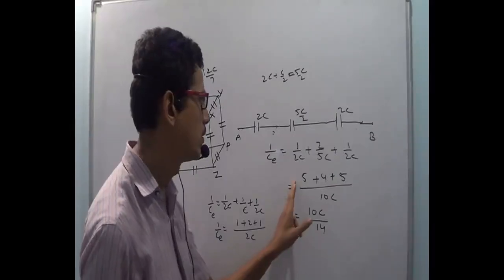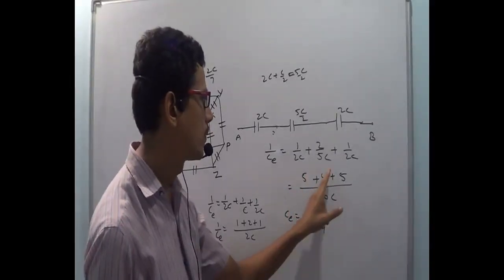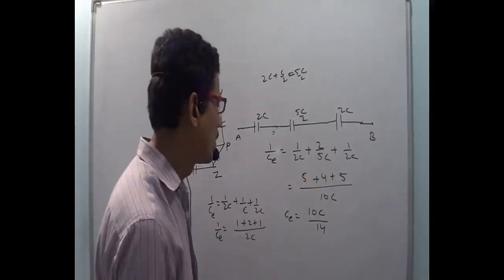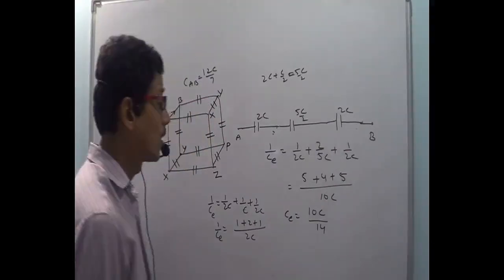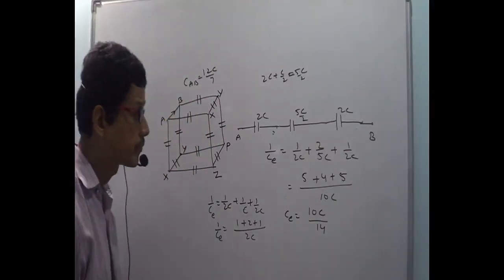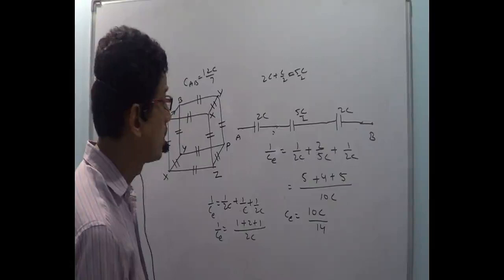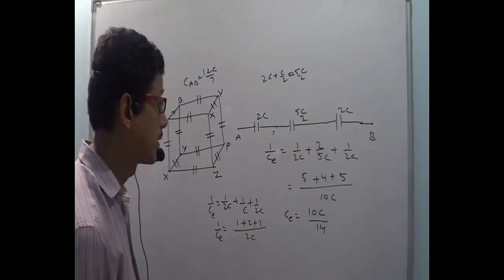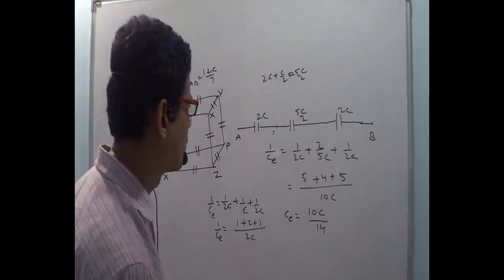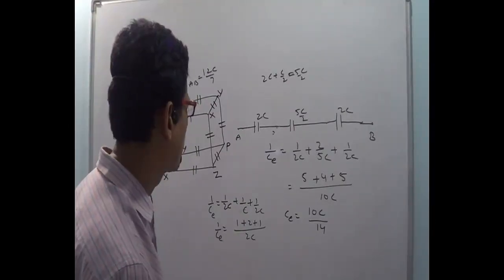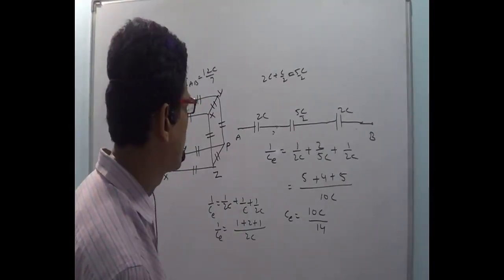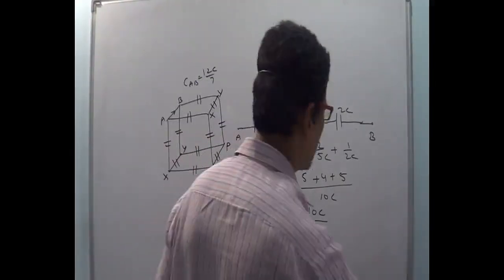So here 5, here 4, here 5. How much do I have to get? 12C by 7. I need to get 12C by 7. This is C effective. Did I forget anything here?